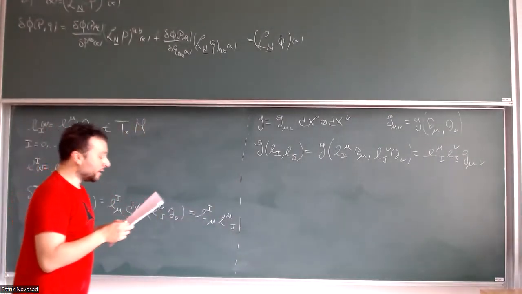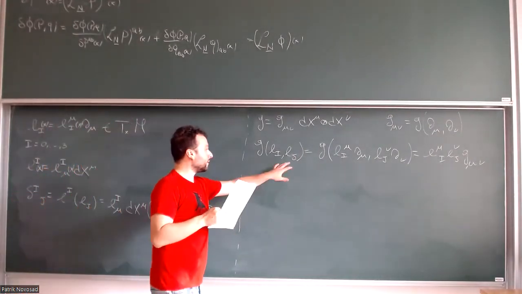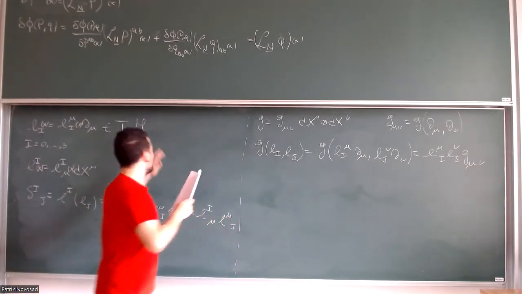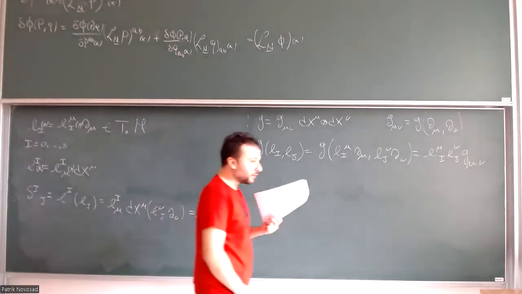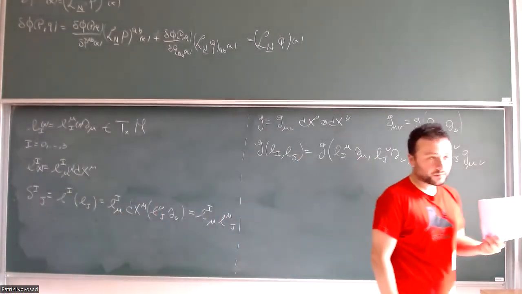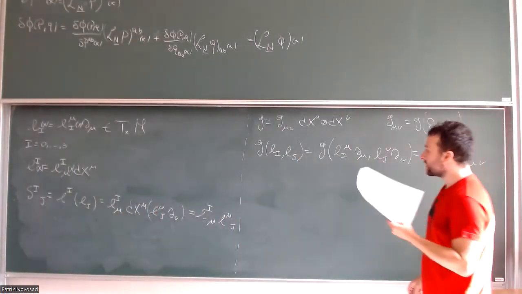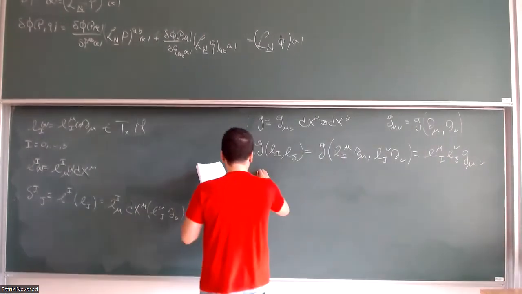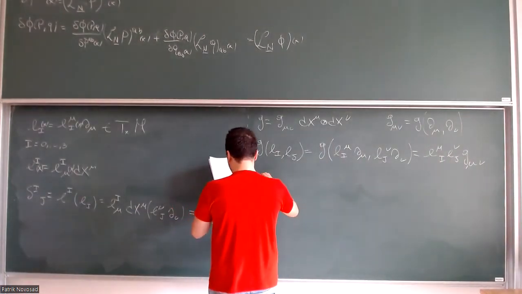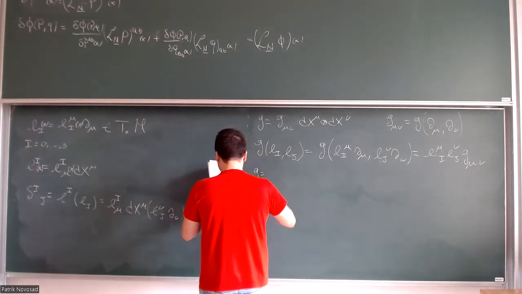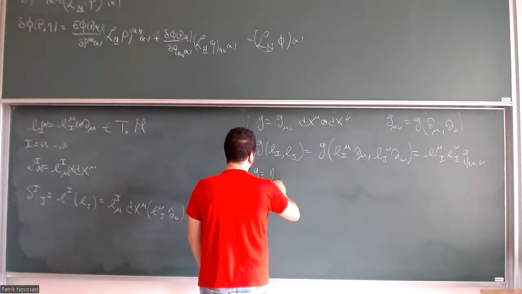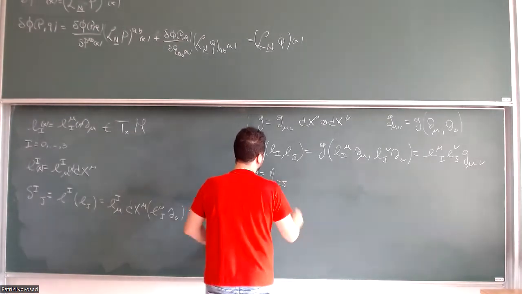And now this is for these two general tetrads, but if you want to look at a local basis, then G can also be written as theta ij, where theta ij is.